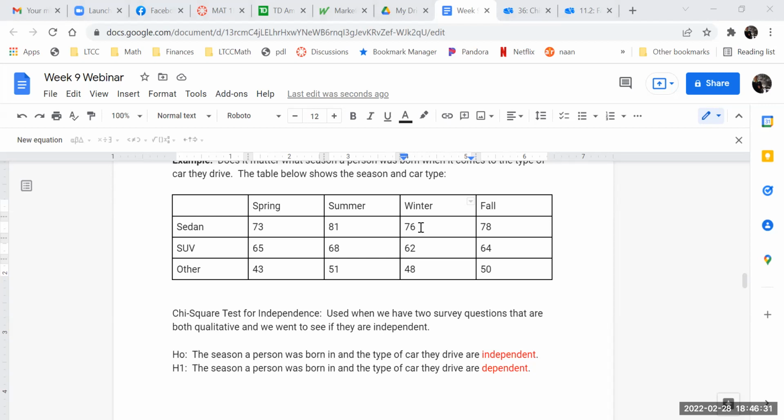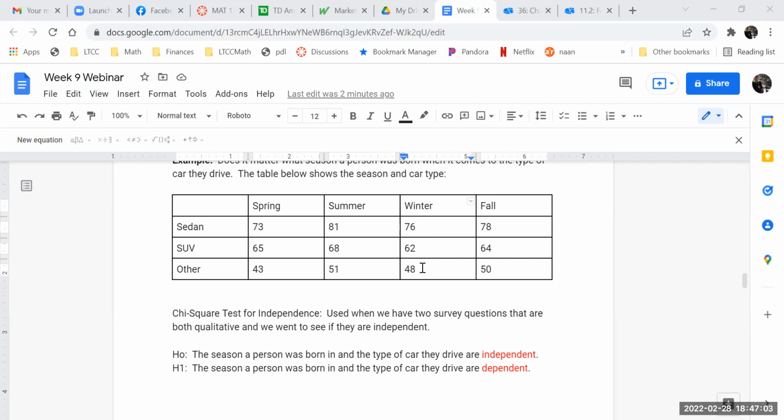Okay. But when you have a sample instead of the full population, those numbers are not going to be exactly the same. If we take that ratio, the 76 over the whole total, that'd be the A and B. Then A would be the sum of the first row divided by the total, and B would be the sum of the winter column divided by the total.